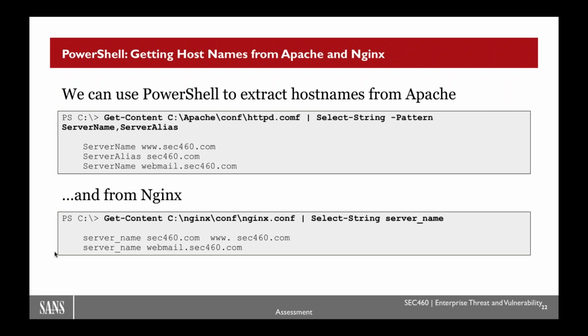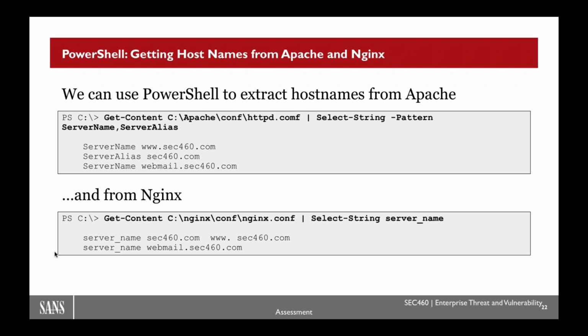Nginx, of course, has its own configuration file. By the way, a little bit of trivia: the number one web server on the face of the planet is Apache, and number two is Nginx. Third then is going to be IIS. So Nginx is still very common. Of course, the configuration file is going to be very different.